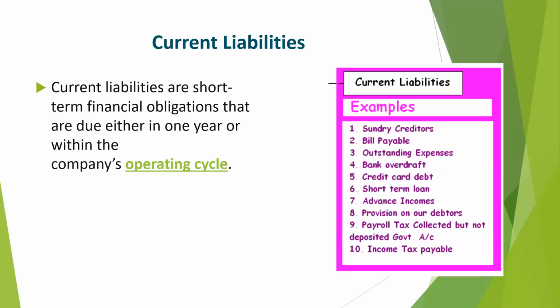Next, the current liabilities are short-term financial obligations that are due either in 1 year or within the company's operating cycle. The list of current liabilities are sundry creditors, bills payable, outstanding expenses, bank overdraft, credit card debt, short-term loan, advance incomes, provision on debtors, payroll tax collected but not deposited to government account, income tax payable.